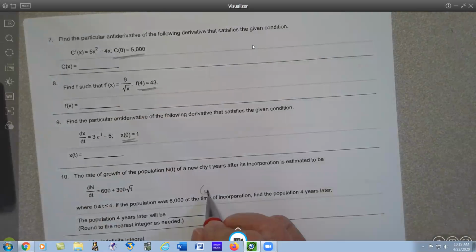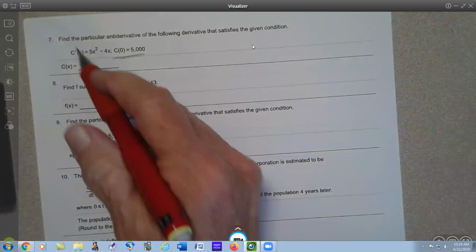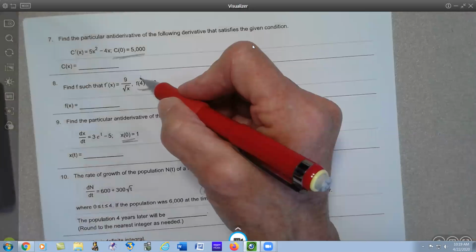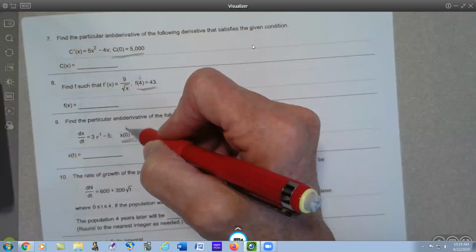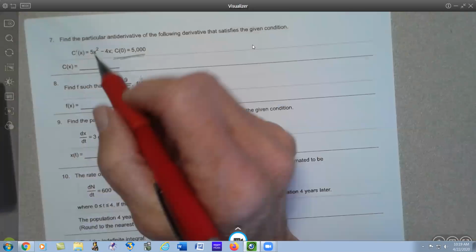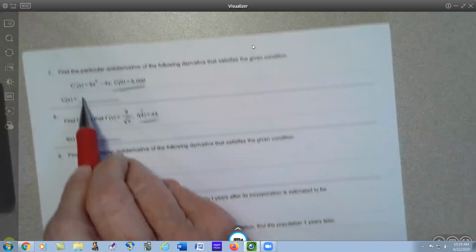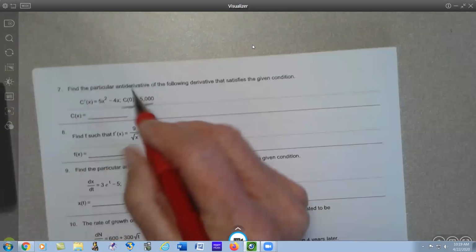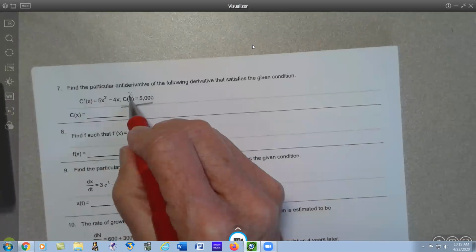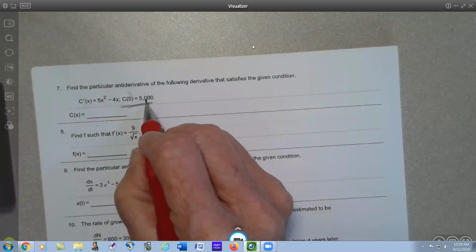But in these first four, you're getting to be able to find what the C value is, your constant of integration. And always remember, the value in here is your independent variable. So if you'll notice up here on number 7, I've got C prime of x. This is my x value, and this would be my C of 0 when I substitute in.